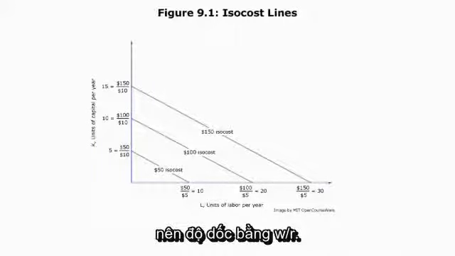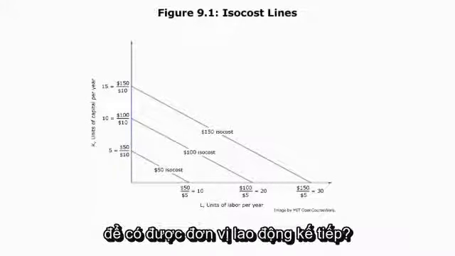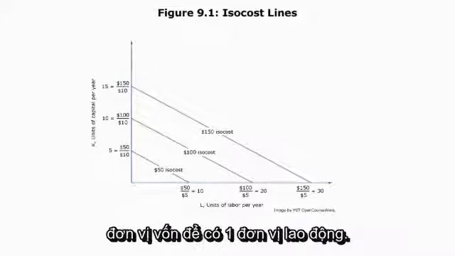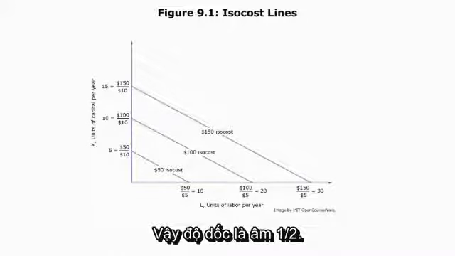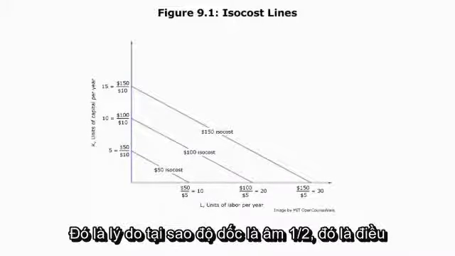So how many units of capital do you have to give up to get the next unit of labor? What this iso-cost tells you is you have to give up 1/2 a unit of capital to get a unit of labor. So the slope is minus 1/2. Likewise, you have to give up 2 units of labor to get 1 unit of capital. That's what it's telling us.